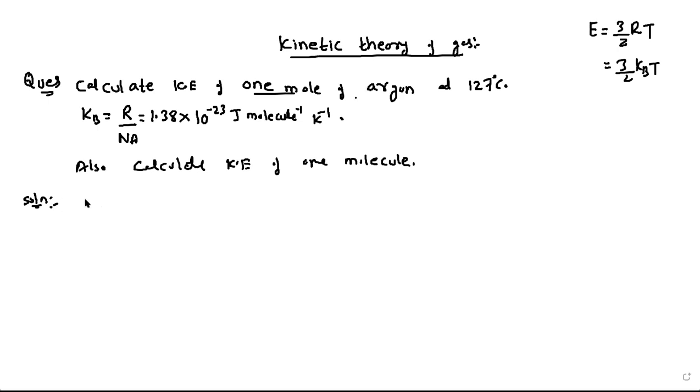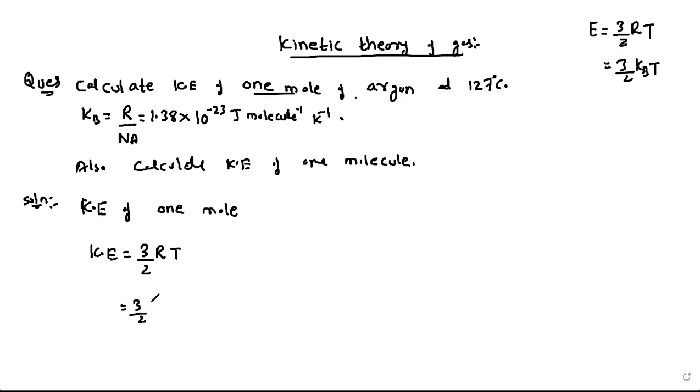Okay, if I want to calculate the kinetic energy of 1 mole, yes, it's correct. For 1 mole, you will use this relation: 3 by 2 gas constant multiplied by temperature.